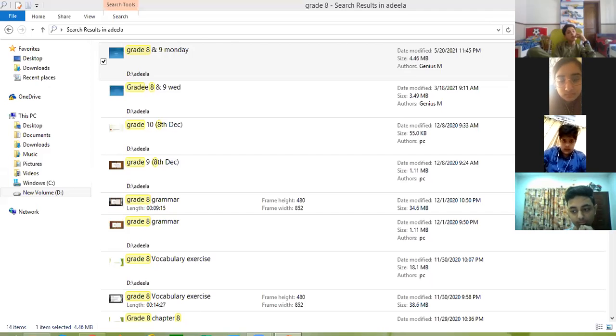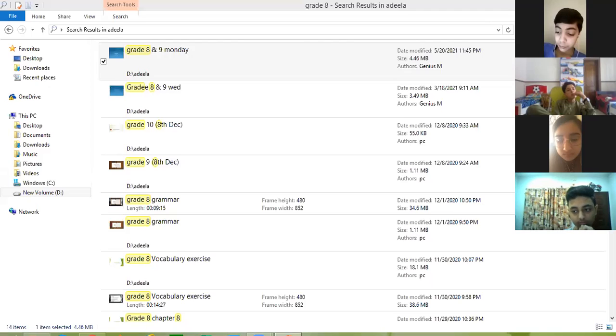So interrogative pronouns are basically the question words that are used to ask questions. What, which, who, whom, whose, and how. So any word that is used to ask a question will be an interrogative pronoun. This is something very simple, I think.